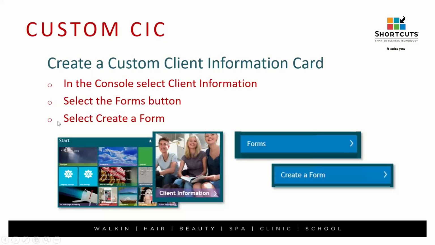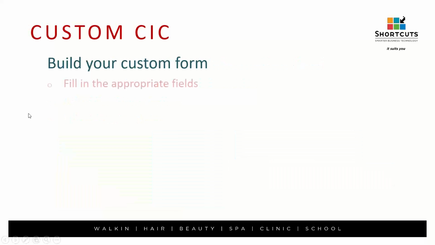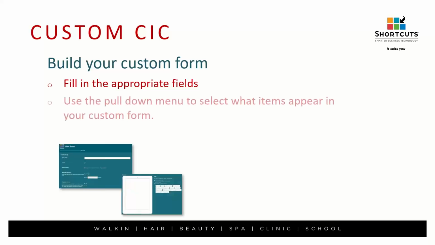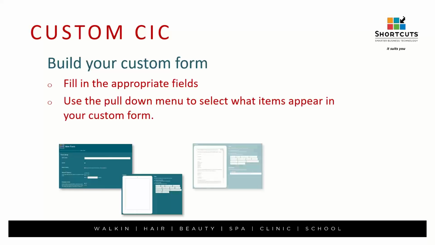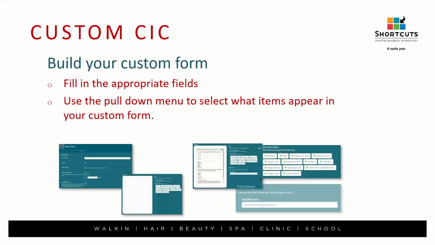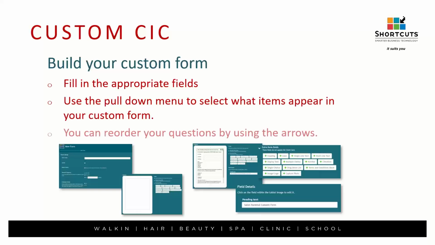So once you go to create a form, what exactly can you create? Well, by default, Shortcuts doesn't necessarily know what this form must contain. So if it's a questionnaire type form where you have to know, does the customer have allergies to certain products?